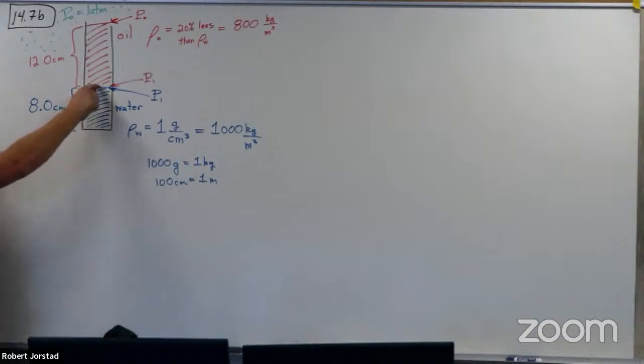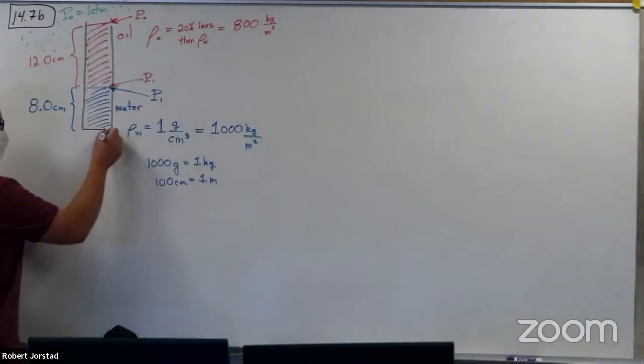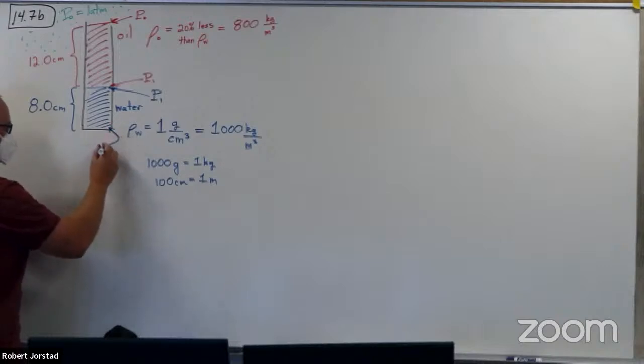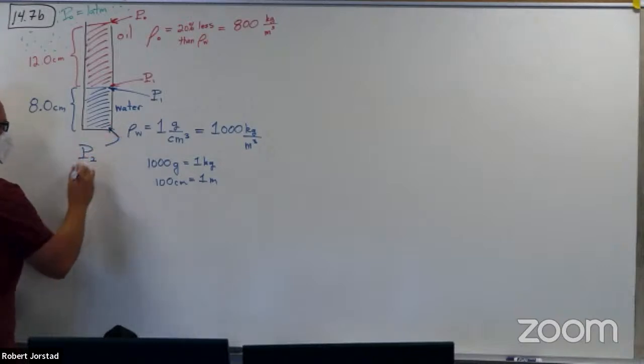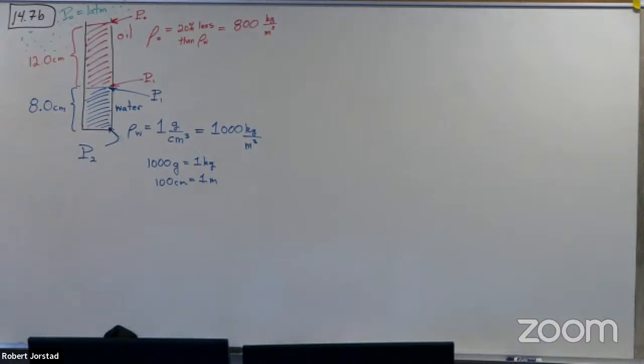The pressure just above and just below the interface, we assume are the same as long as the interface is not moving. Okay. And then down here at the bottom, we're going to have pressure 2. I want to figure out P2.